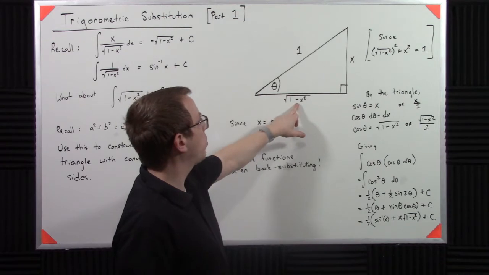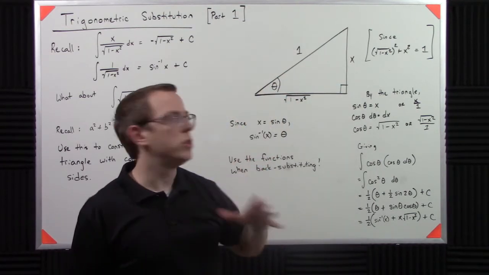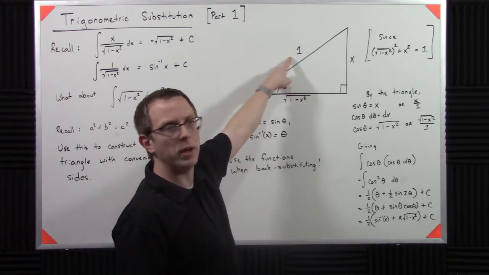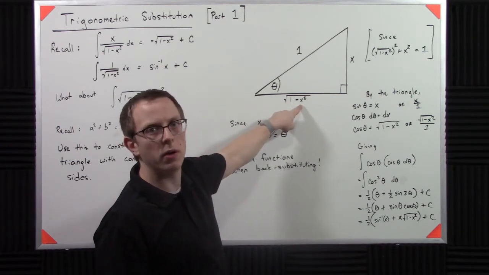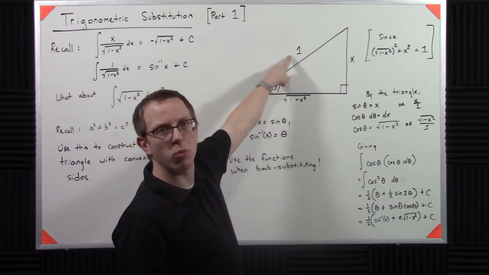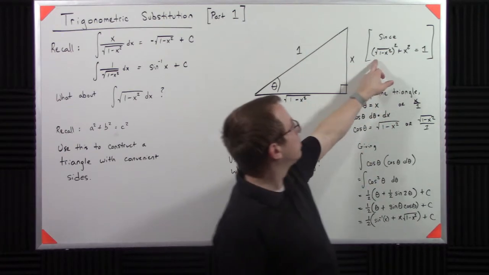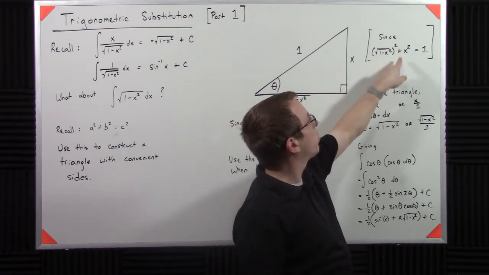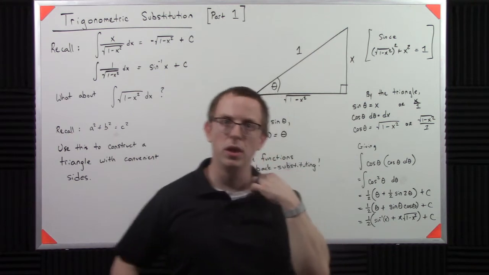Well, I know that a squared plus something squared equals c squared. So this thing squared plus something must equal 1. If I square this, I end up with 1 minus x squared, and I have to end up with 1, so the only thing left over is x. So similarly, we write it like this: the square root of 1 minus x squared, squared, plus x squared equals 1, right? You could work that out and clearly see that's how it is.